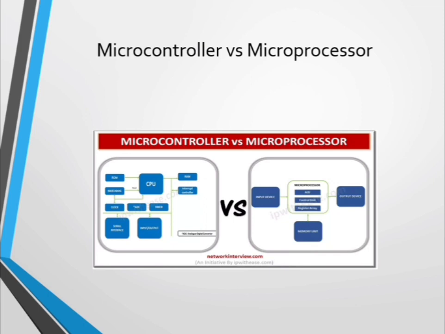Microcontrollers can be used in compact systems, whereas microprocessors can't be used in compact systems. Microcontrollers are more efficient than microprocessors. Microcontrollers have more registers when compared to microprocessors. Microcontrollers are generally used in microwave ovens, washing machines, and air conditioners, etc., whereas microprocessors are generally used in personal computers.